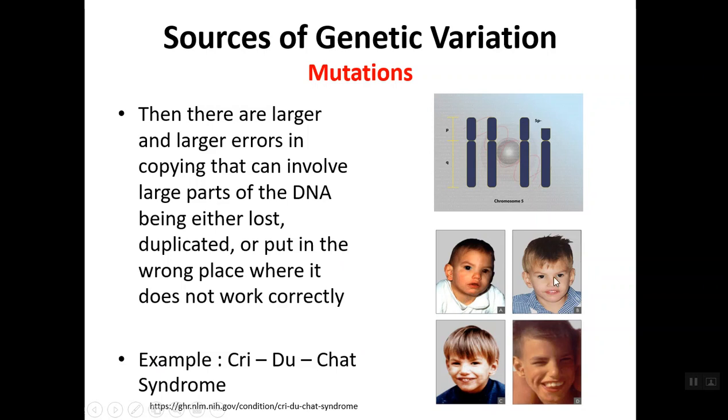It gives lots of problems and very typical facial characteristics, mental retardation, and it's called Cri-du-Chat, which means cry like a cat. It's from French. The typical thing that these children present is that at birth, instead of crying like a human being, they sound totally like a cat. That's why this is called the Cri-du-Chat syndrome, the syndrome of the cry like a cat.